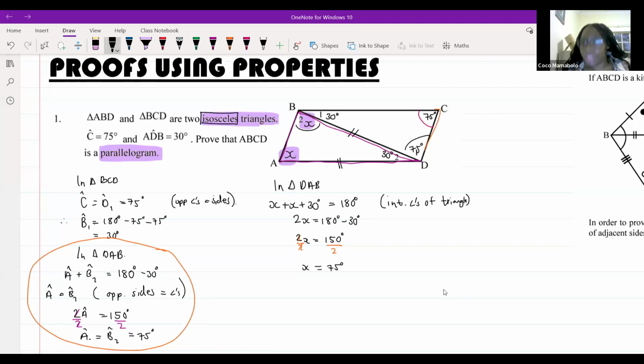Yes, it is, Karatilo. It's 75 degrees. So that tells me that both of these base angles over here are 75 degrees and 75 degrees. Okay. So all I'm saying is that I took a shortcut. But I essentially did the same thing.